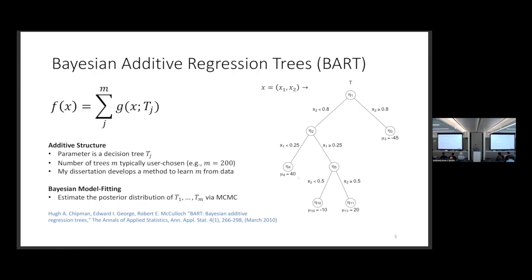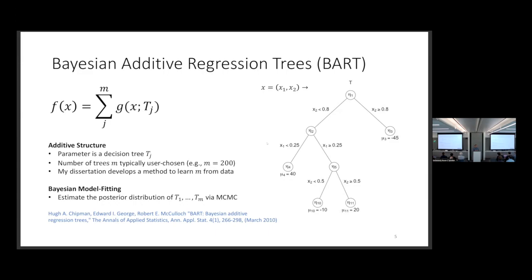The prediction is given by this mu parameter at the bottom. So if your second input is less than 0.8 and your first is less than 0.25, then your value of the basis function would be 40 in this case. And then you add up many of these basis functions to get your full mean function.